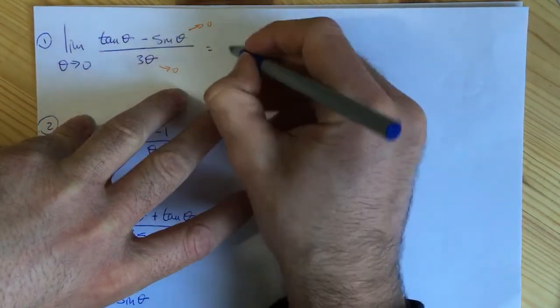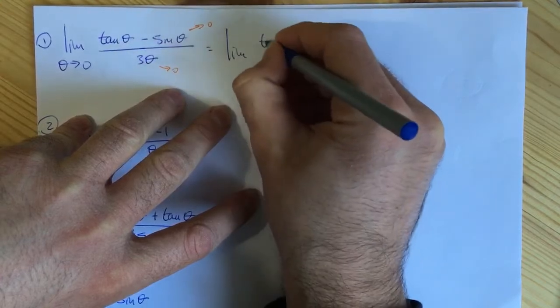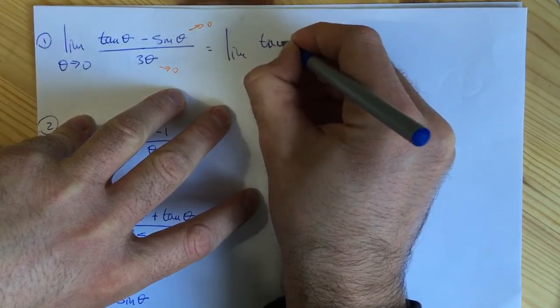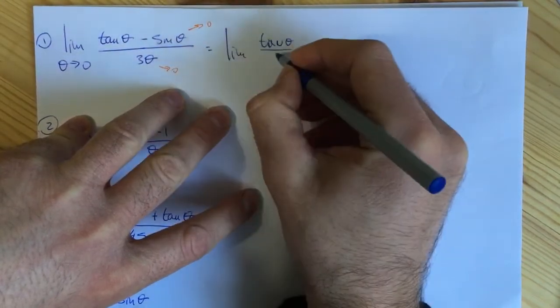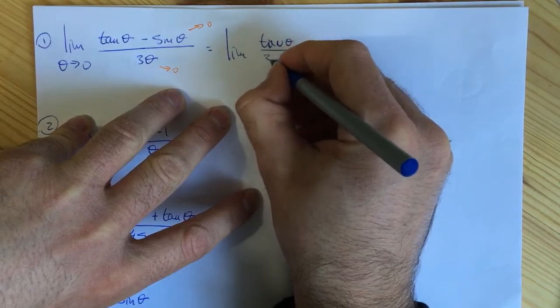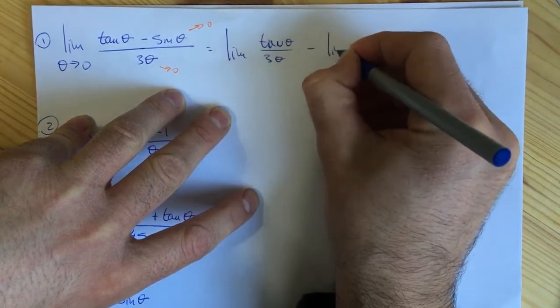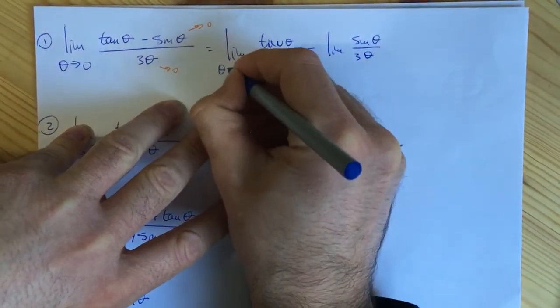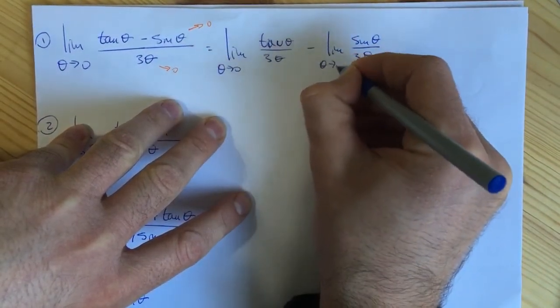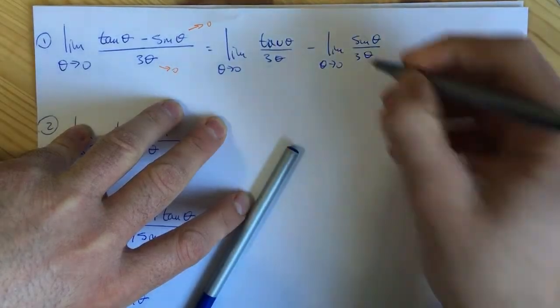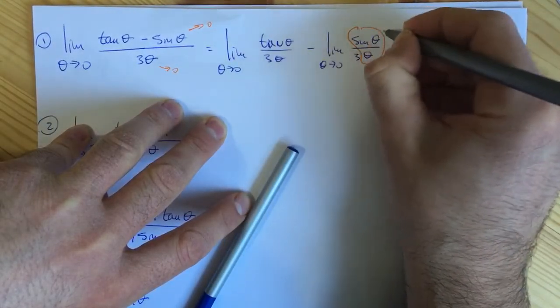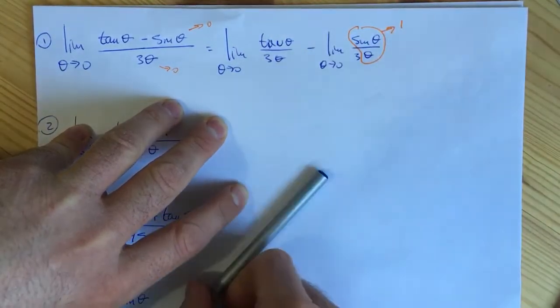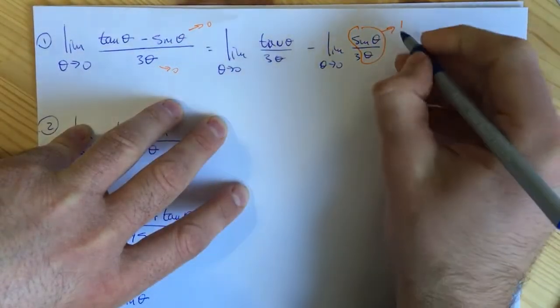One thing that we can do here is split this into two limits: the limit of tangent of theta over 3 theta minus the limit of sine of theta over 3 theta. Conveniently, theta goes to 0, so this limit, sine of theta over theta, will approach 1. So the second limit just becomes 1/3.